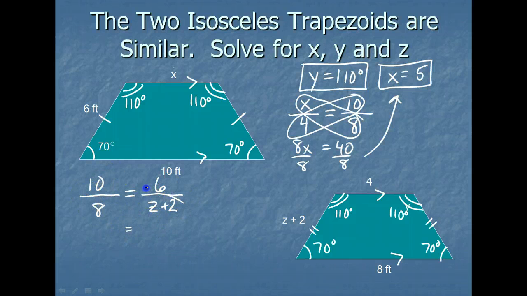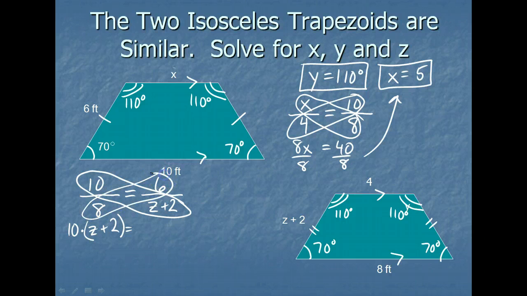Now I need to cross multiply. 10 times z plus 2. And I need to put z plus 2 in parentheses. This big fraction bar like this says group z plus 2 together. Equals 8 times 6. Now I need to solve for z. Step 1, distribute. 10z plus 20.